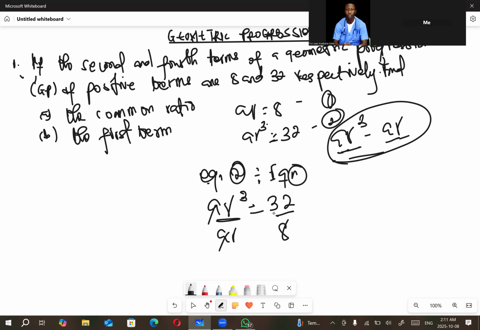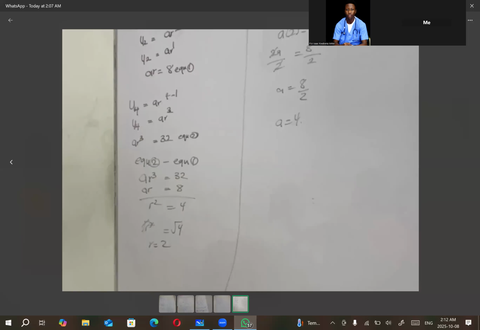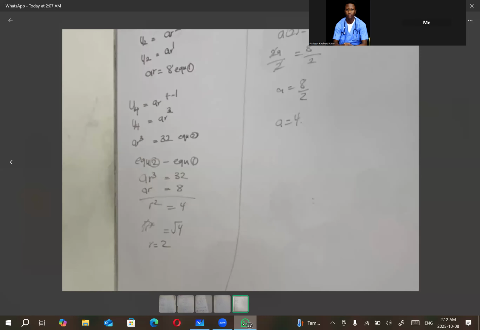One of the R will cancel one of that here. You'll be left with R squared. So R squared will be 32 over 8, which is what? I think you know. It's 4. So if you're wondering how she had R squared equals 4, that's where it's coming from.